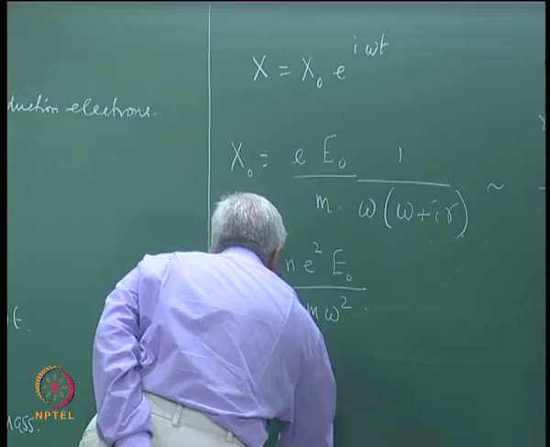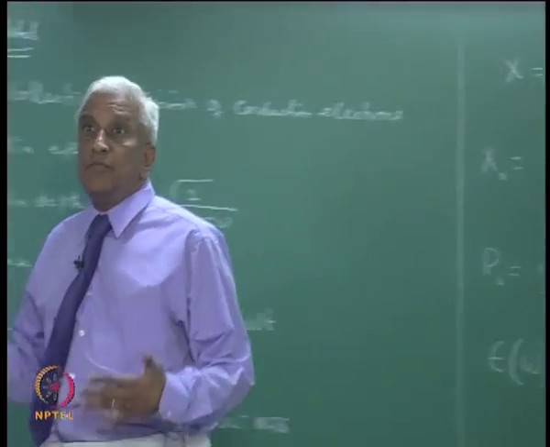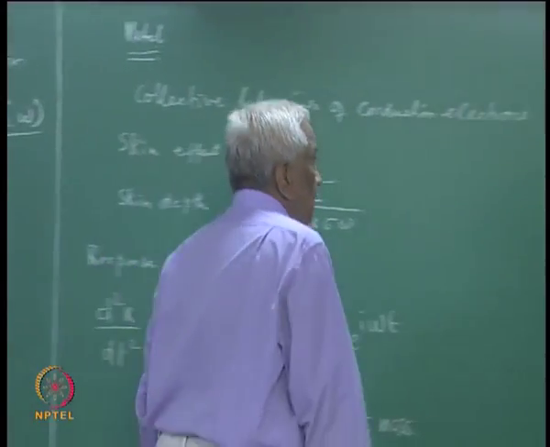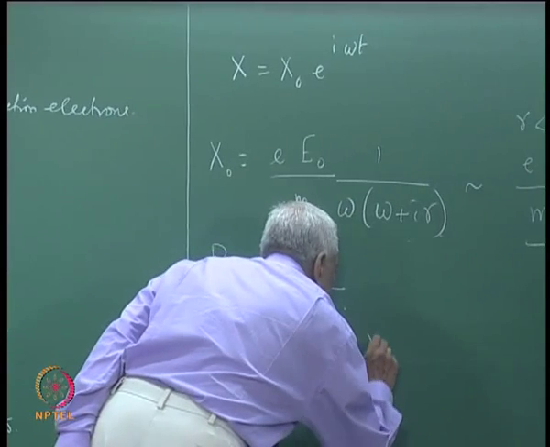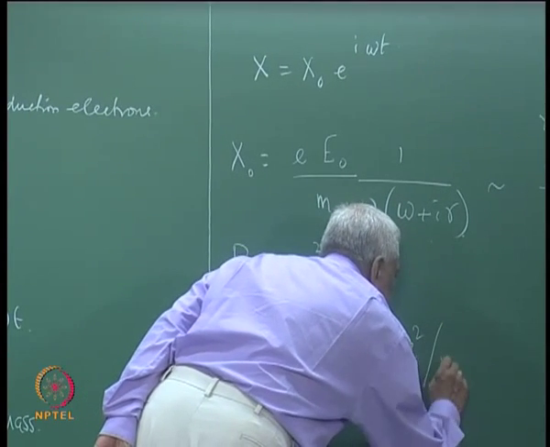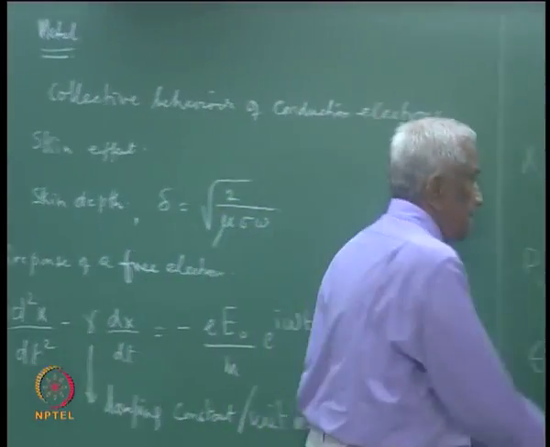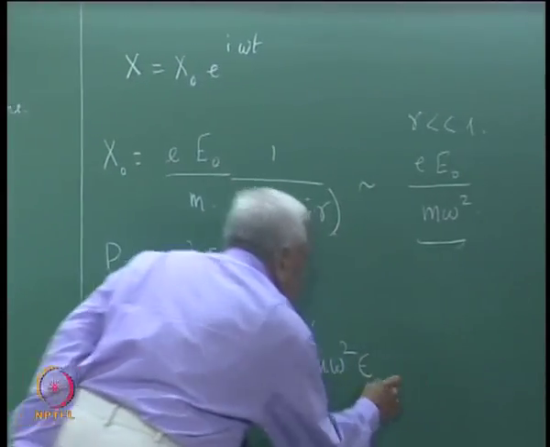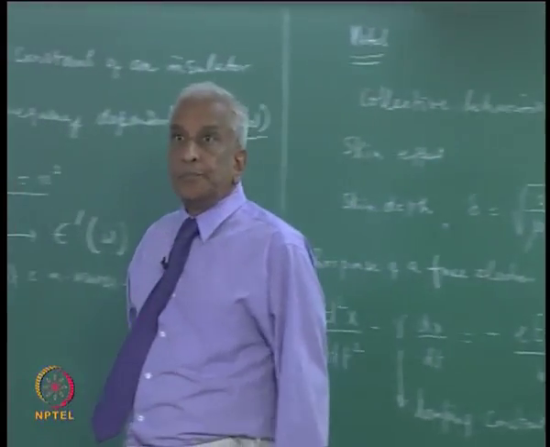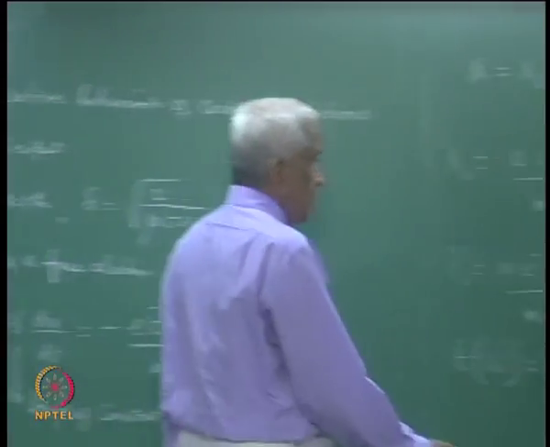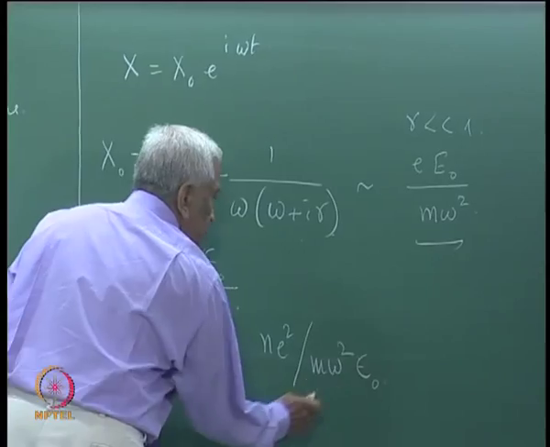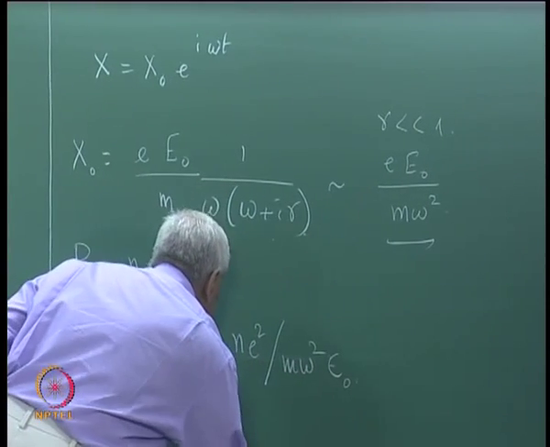In the case of a metal, following the same procedure, we get this term n e square by m epsilon naught. Let me rewrite this.